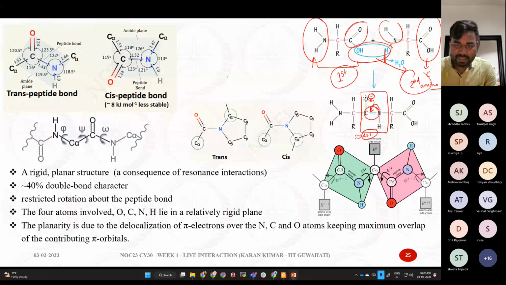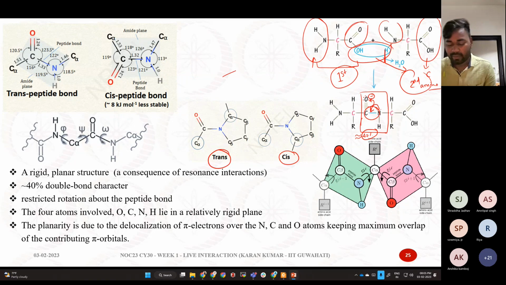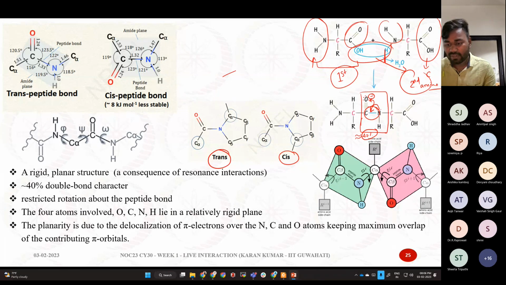Normally, rotation around a bond occurs when there is a single bond. Because of rotation only, you can have different conformations like cis form or trans form. You will also study this rotation around the bond in the upcoming week's lecture, when we discuss protein geometry, how the bond is formed, and the different types of bonds, like sigma bond, psi bond, phi bond.